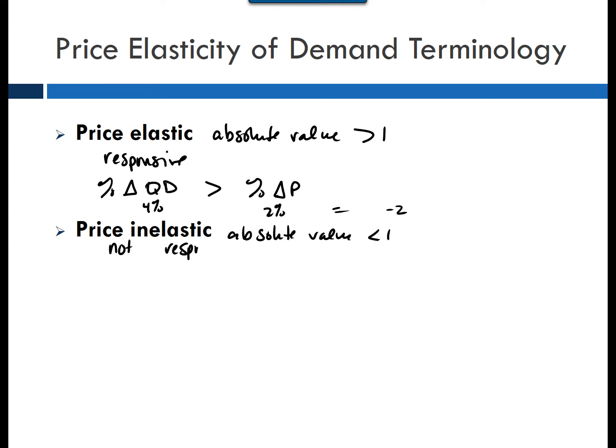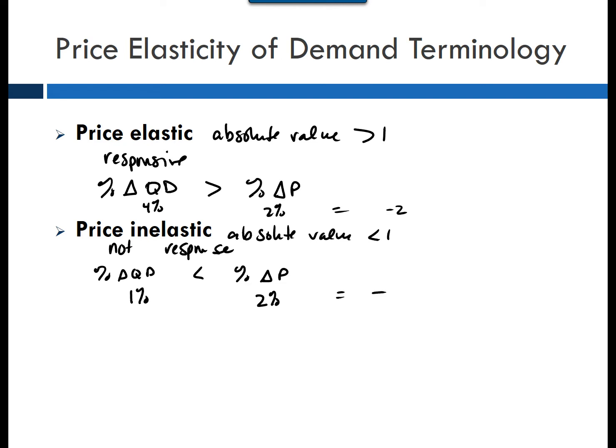We see the quantity demanded go down, but the change in the quantity demanded is smaller than the change in the price that caused it. So the percentage change in the quantity demanded is less than the percentage change in the price. So we did that example and we saw a 2% change in the price caused a 1% change in the quantity demanded.